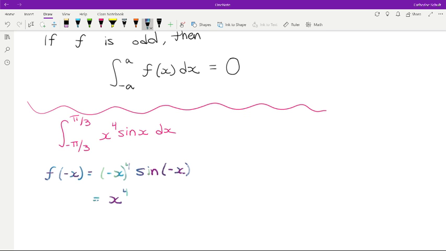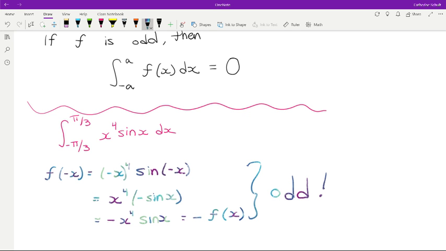Sine is an odd function, so when we plug in negative x, we have a property that tells us that's the same as negative sine. So we're looking at negative, bring the negative out front, sine of x, which is the opposite of the original function. Right? The original function was x to the 4th sine x, and now we have a minus sign in front of it. So we just showed that f of negative x is negative f of x. So this function is odd.